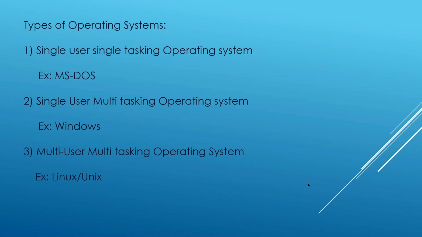While deploying the application, developers log into the servers, testers log into the servers, DevOps engineers also log into the servers. They perform their own tasks. So Linux is a multi-user multitasking operating system, which means multiple users can log into the system and perform multiple tasks at a time.